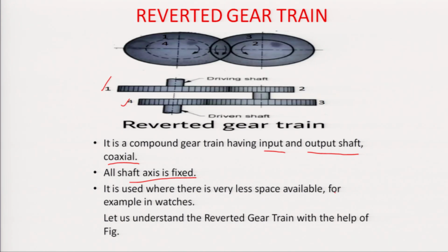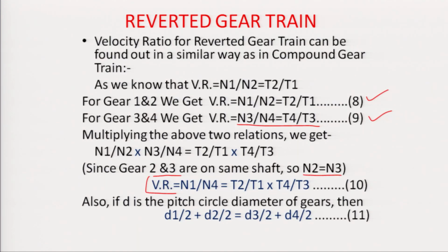So, this can be written as d 1 by 2 plus d 2 by 2 equals d 3 by 2 plus d 4 by 2, where d 1, d 2, d 3, d 4 are the pitch circle diameters or gear diameters of gears 1, 2, 3 and 4. This is represented by expression 11.